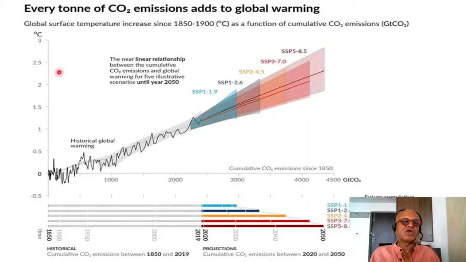So these are the anomalies above that average, how much we are warming above that average. So you can see here the future cumulative CO2 emissions differ across scenarios and determine how much warming we will experience. So these are showing the various levels of emissions by 2030, 2040, 2050.